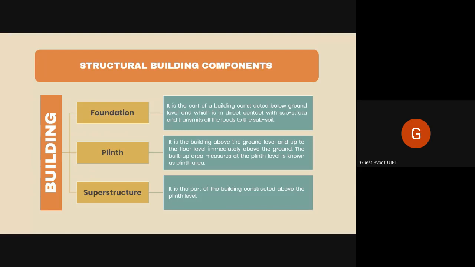So basically the entrance level of the building. And the complete floor area of the plinth or the ground floor is the built up area. Then the superstructure is all the floors, the walls, and everything above the plinth.